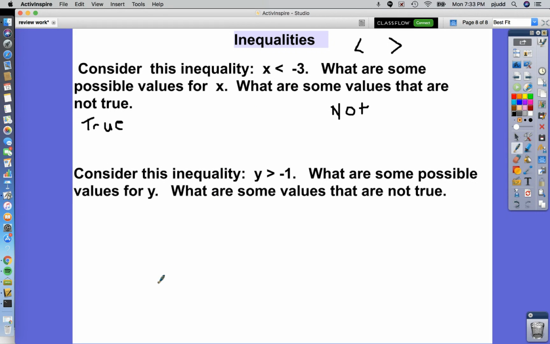So I'm going to think of a number line. Okay, I have 0. There's -1, -2, -3, -4, -5, and I can keep going further on down the number line. I can also go this way on the number line.